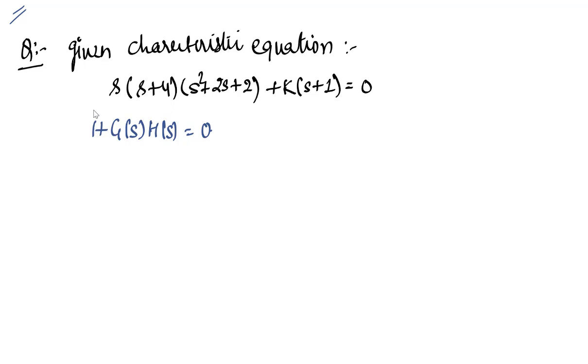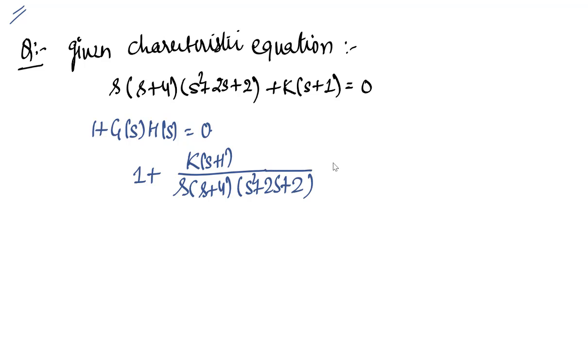So what we can do is we can take this term common so that this will become 1 plus k times (s plus 1) divided by s(s plus 4)(s square plus 2s plus 2) that is equal to 0. Now this equation number 1 and equation number 2 could be compared.